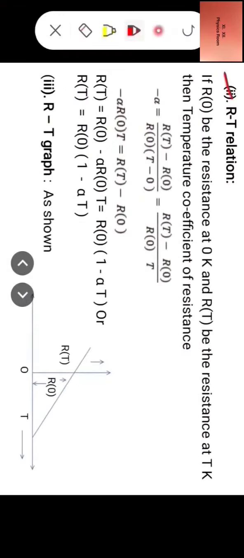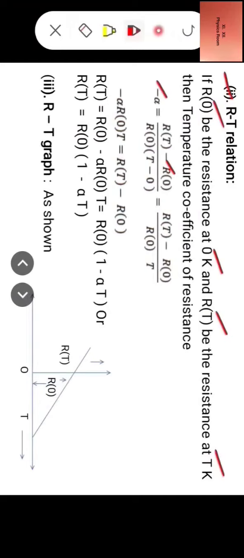Second, the RT relation. If R0 be the resistance at 0 Kelvin and RT be the resistance at T Kelvin, then for temperature coefficient of resistance, minus alpha, minus for negative, we write minus alpha is equal to RT minus R0 divided by R0 into T minus 0.